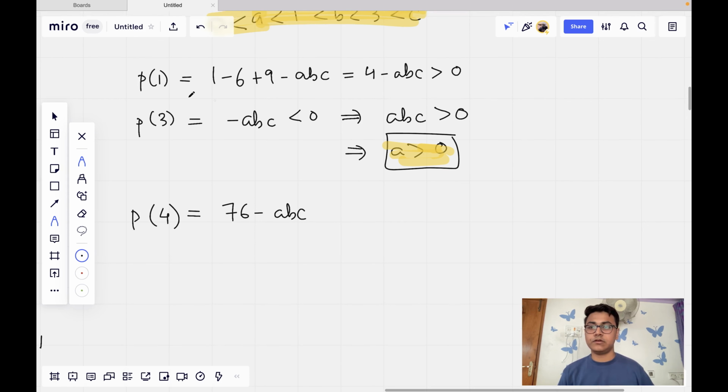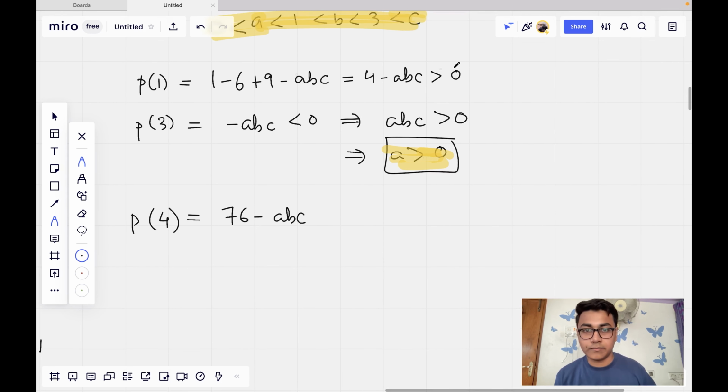Okay, now we will use the value of P of 1. ABC is less than, minus ABC is greater than minus 4. Is that true? ABC is less than 4, right? The value of P of 1, since P of 1 is positive, ABC is less than 4.